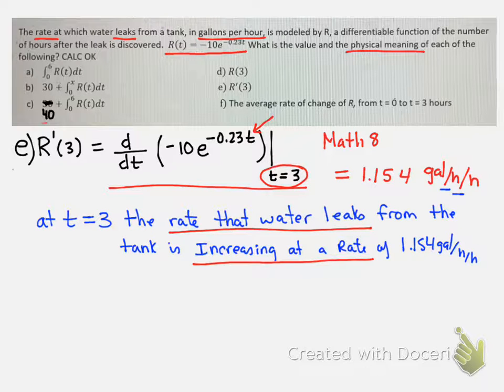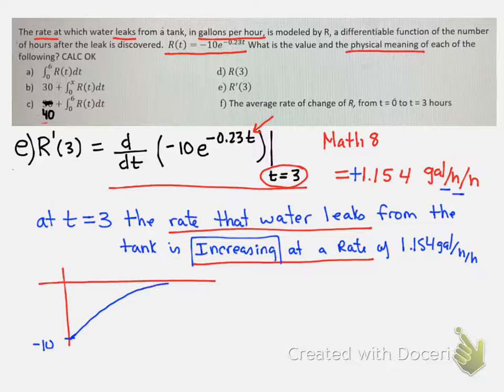We should say increasing because this was a positive value, and you may be thinking, wait a minute, how on earth could this be increasing if water is leaking? But if we take a look at the graph of this original rate, we start down here at negative 10, and we've got an exponential function like this.